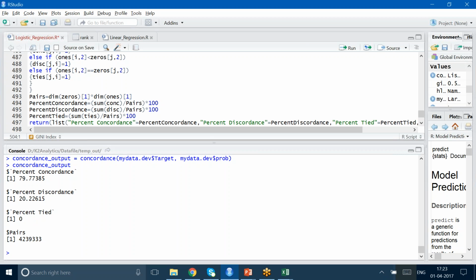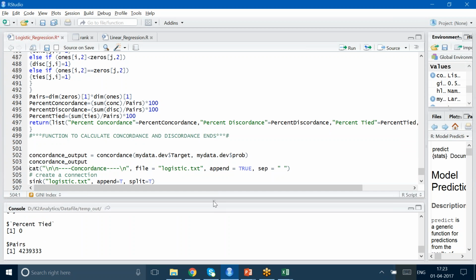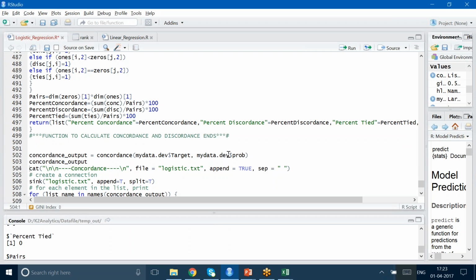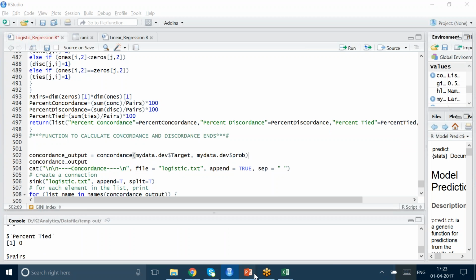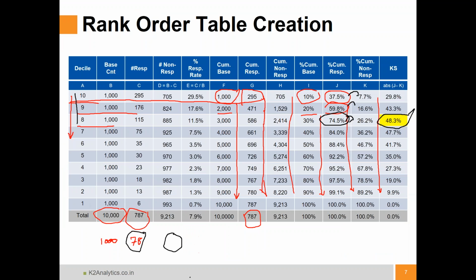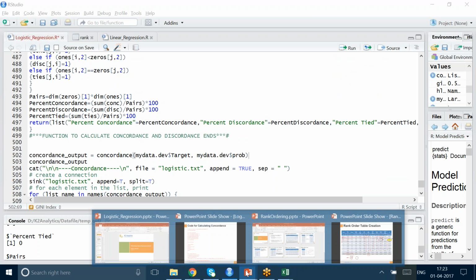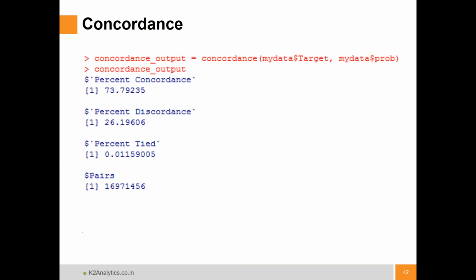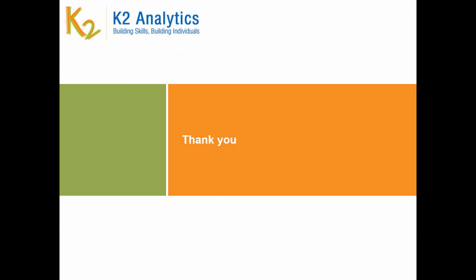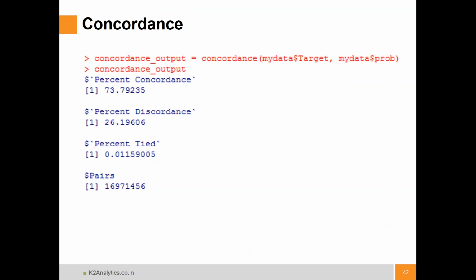Good. So this is how you measure the model performance. These are the various statistics to be seen. Okay. So with that, we have all the statistics measured.